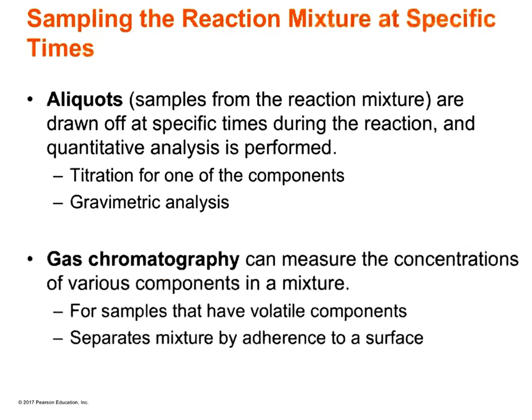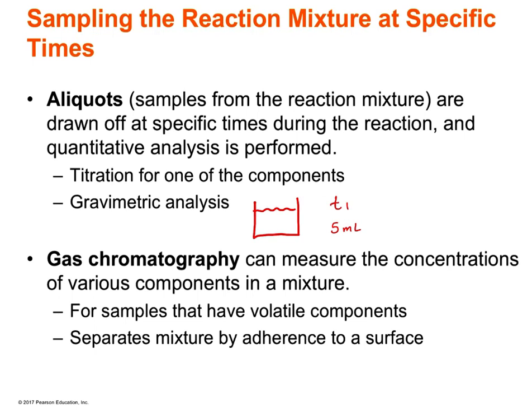So, for example, let's say you have a reaction that's occurring in a beaker, and at time 1 you take, let's say, 5 milliliters, or it's probably even smaller than that. Usually aliquots are in the nanoliter range, but just for the sake of the example.